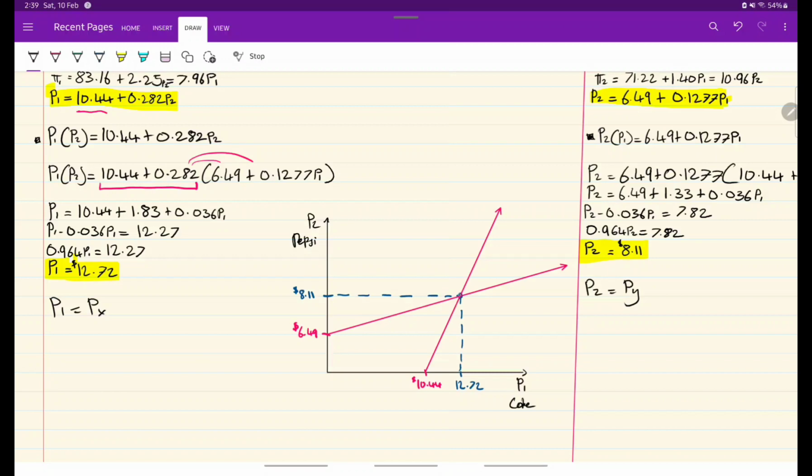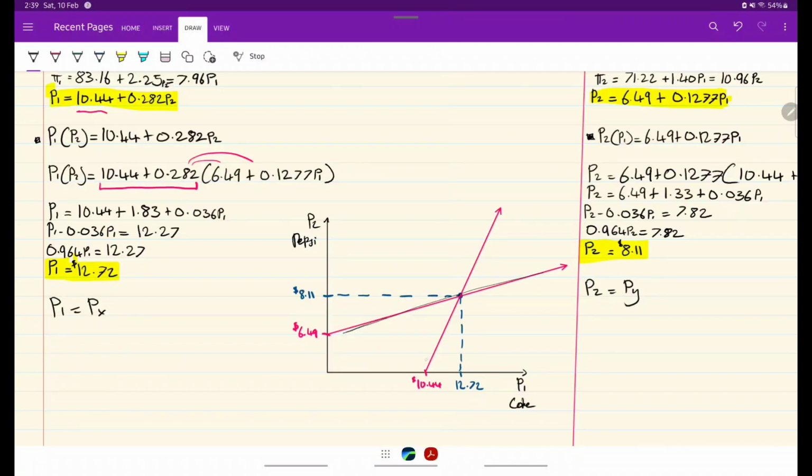The intercept point where those two lines intersect is your equilibrium. That's the best response function for what they're charging. And you can move up or down those lines. So profit maximizing price for any price charged by firm 2 will be along this reaction function.